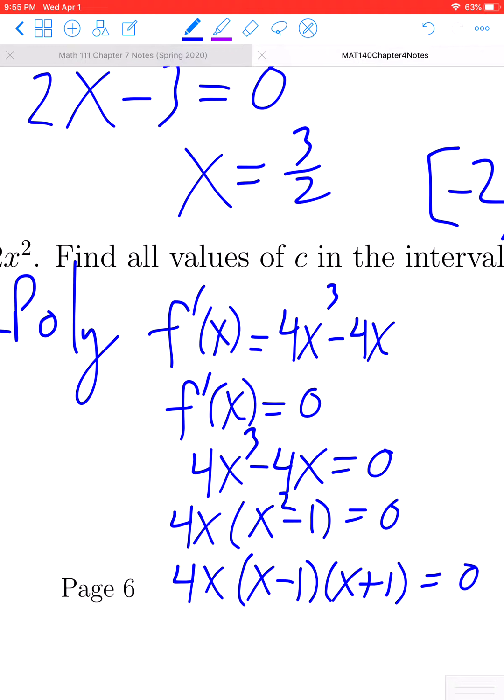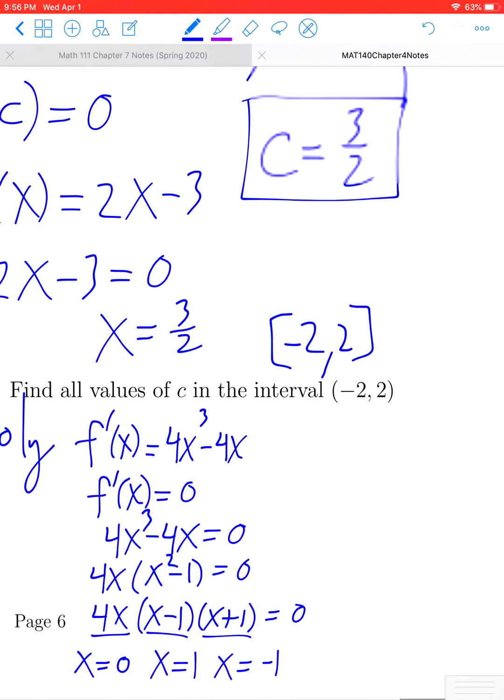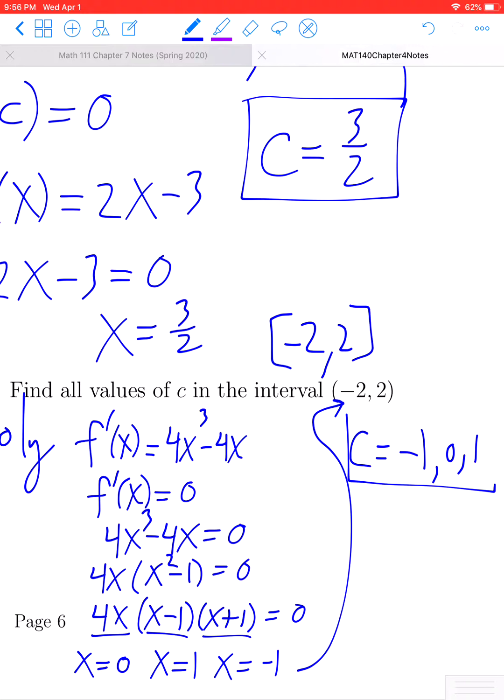If we set each one of these three factors equal to 0 independently, we get one solution will be x equals 0, one will be x equals 1, and another one will be x equals -1. It turns out that all three of these do lie within that open interval -2 to 2, so there's actually three such values of c that work in this case. They are in order -1, 0, and 1.